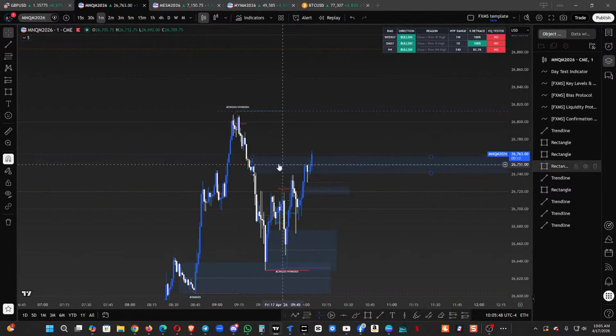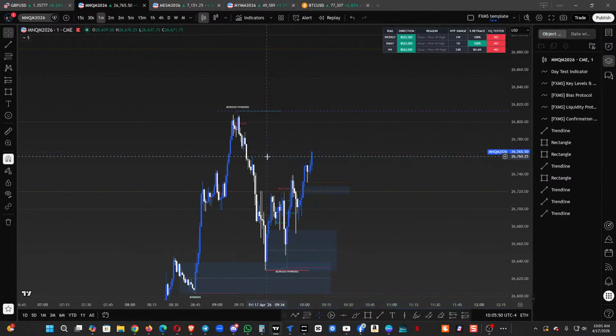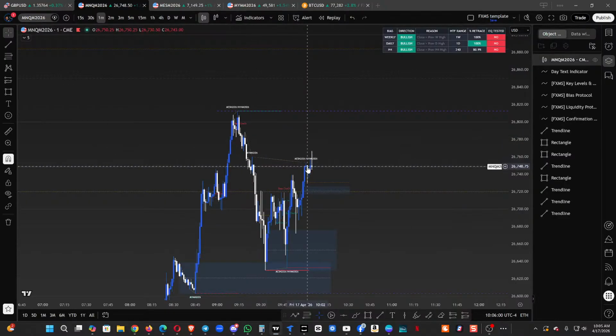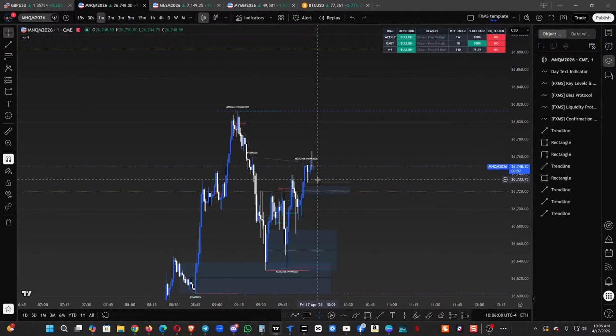Okay, so here we have a run through of this OB, so obviously that's not holding anymore. Next one's going to be the one above here, another imbalance here as well. We have divergence on this high, and it looks like that one remained unless this goes through this level now.